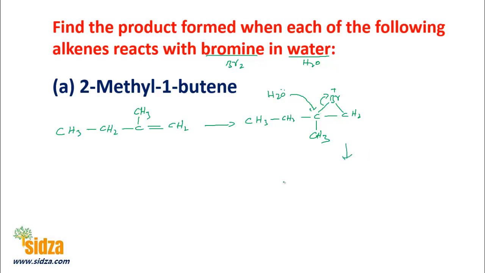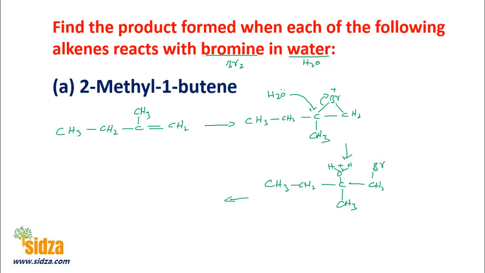And what you get is a molecule like this: CH3, CH2, C, and the oxygen with the positive charge, methyl group, single bond CH2. This electron pair shifts to bromine, so you get a bromine over here.